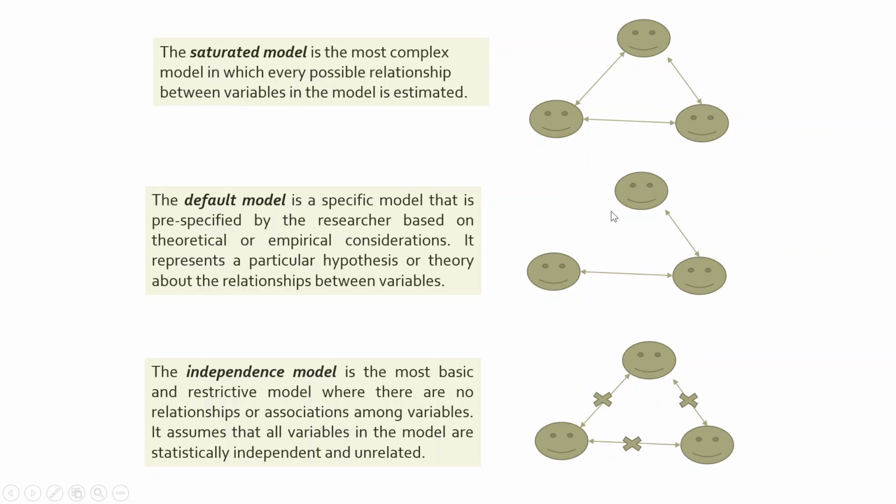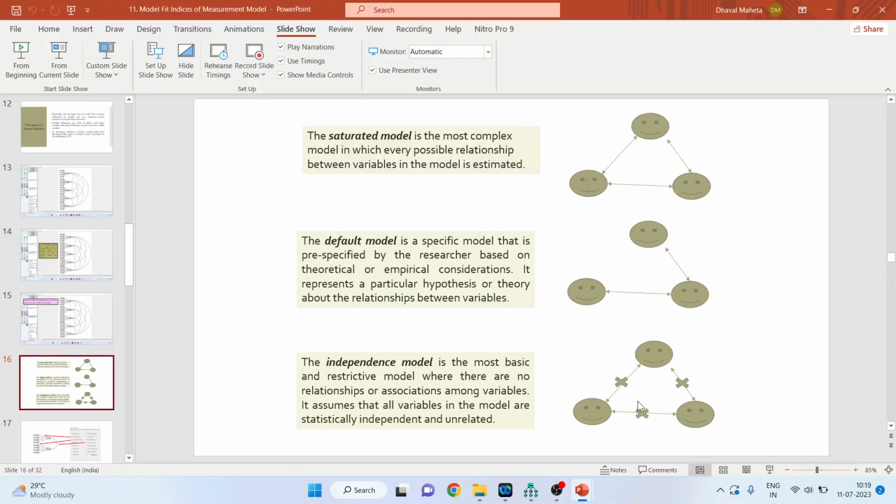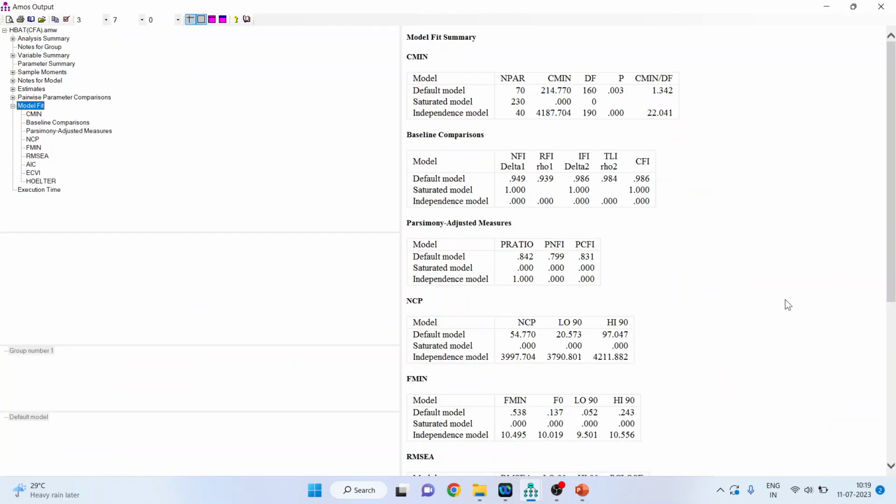You can see here, some arrows are not there. The independence model is the most basic and restrictive model where there are no relationships or associations among variables. It assumes that all variables in the model are statistically independent and unrelated. So the saturated model gives the best model.